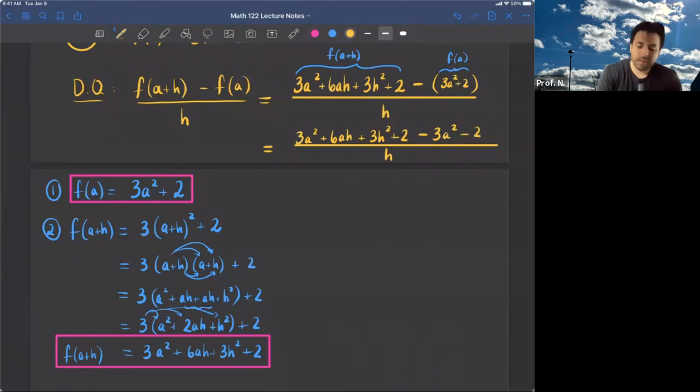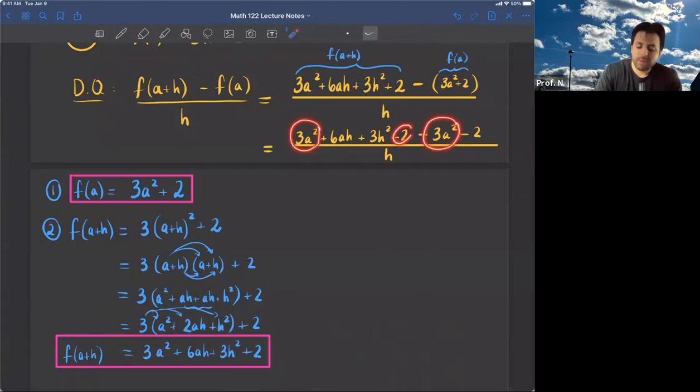So some of you were able to do this, but then some of you forgot to completely cancel things out or to completely simplify. Then we realize, what do we realize? I can further combine things. And what can I combine? Well, there's a 3a squared and a minus 3a squared.